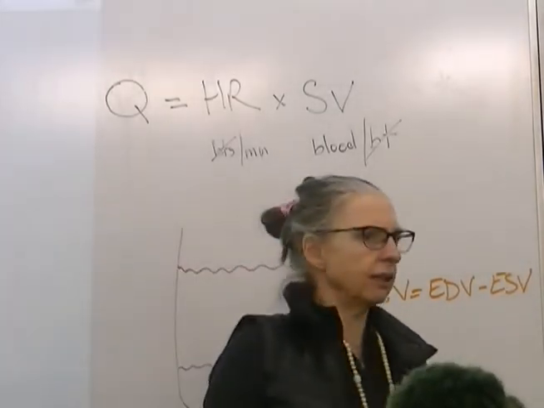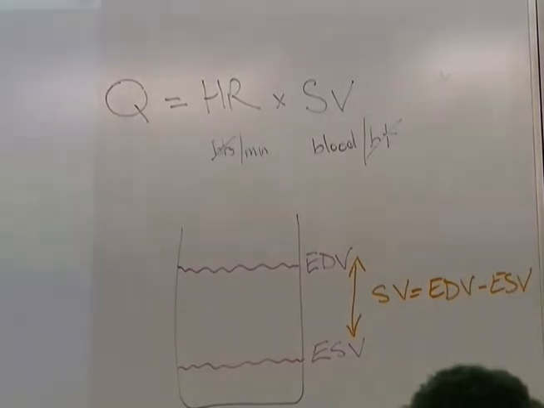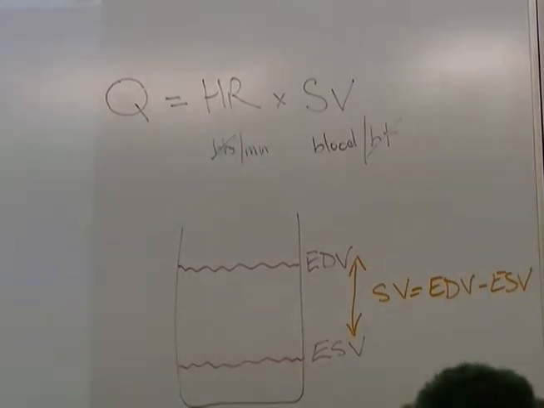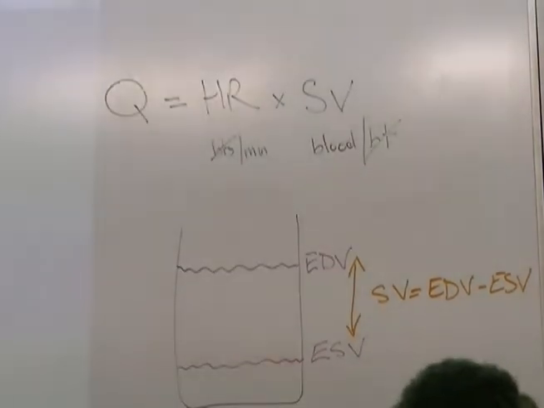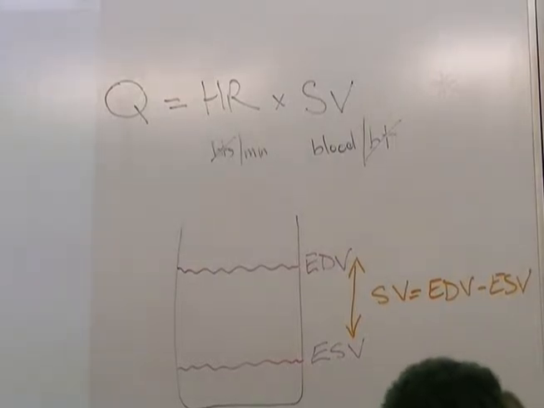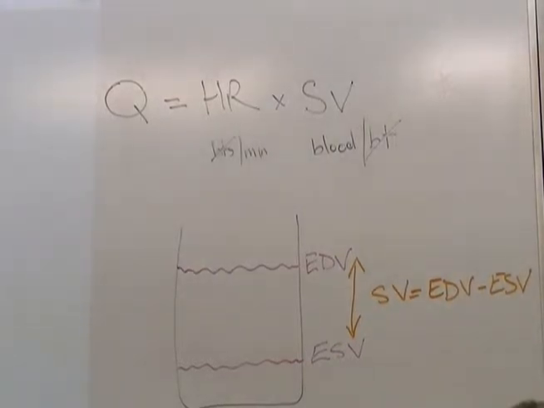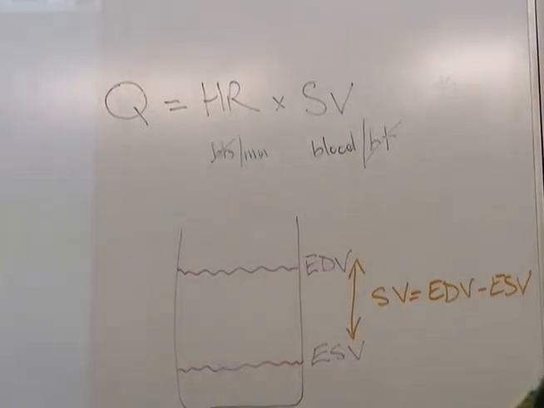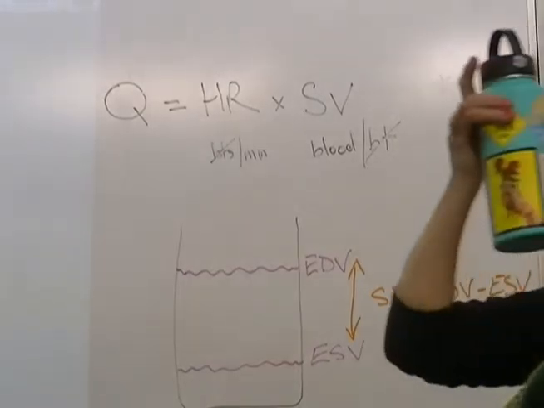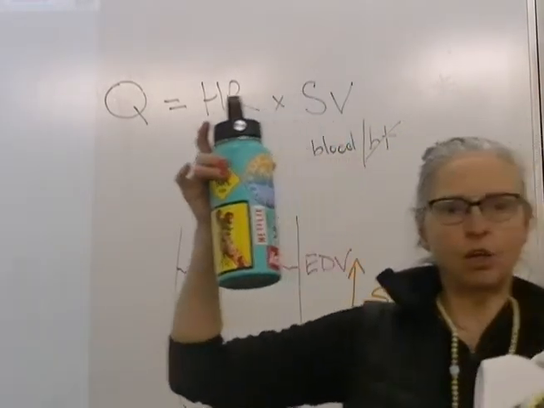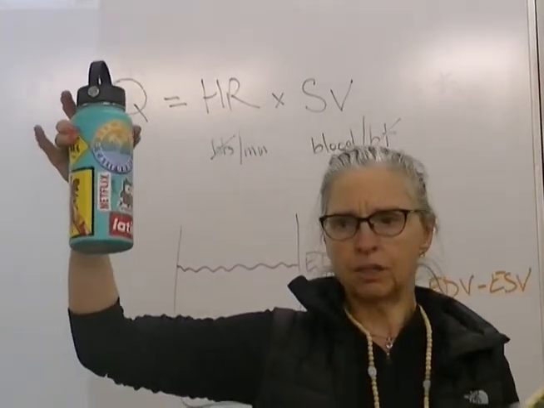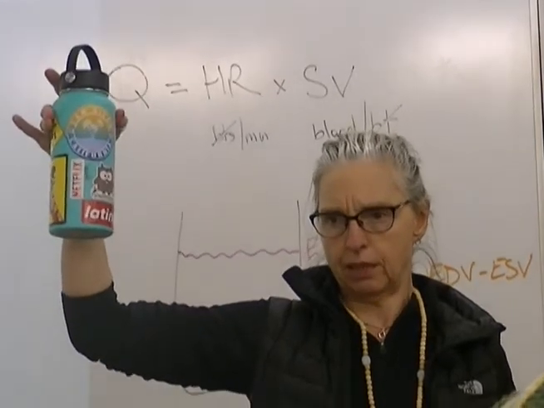So if you think, no one's got a liter bottle with them, that's not a liter, I don't think. That's 20 ounces. So that's not quite a liter. Yeah. That's a liter? Okay, that's a liter. And while you're sitting here not doing anything, your heart is pumping 5 of those per minute.